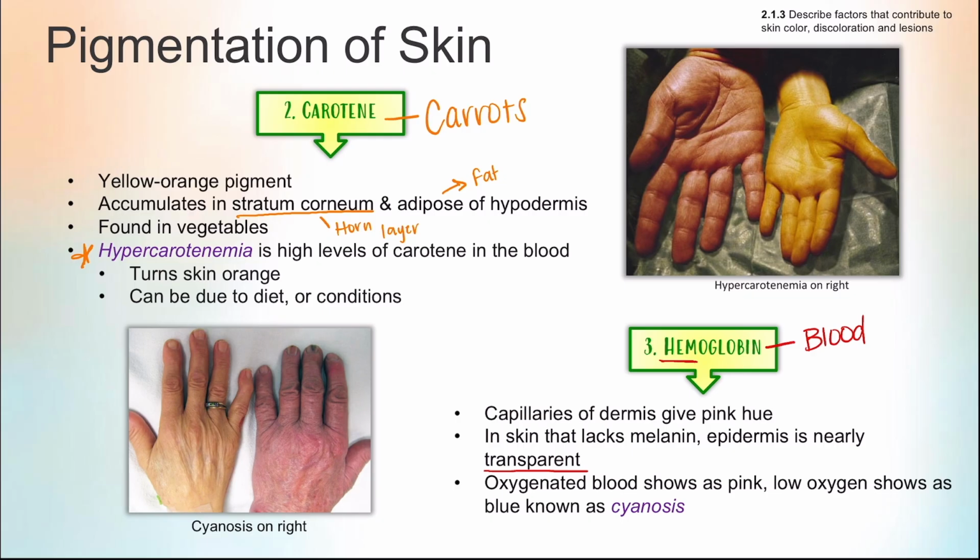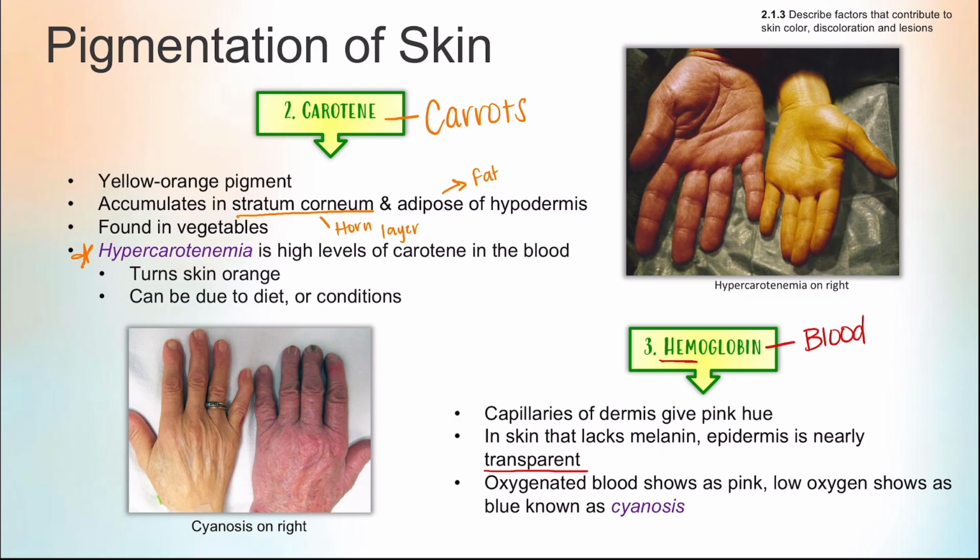When we talk about transparent, it is so clear that you are able to see the tint from the blood supply. So the capillaries that exist in the dermis, remember, are able to just barely reach our epithelial tissue. That is the only place that our epithelial tissue is going to have any contact with our circulation of blood.